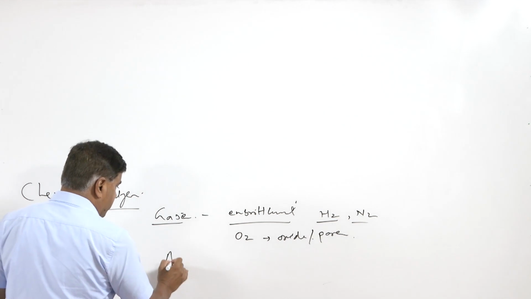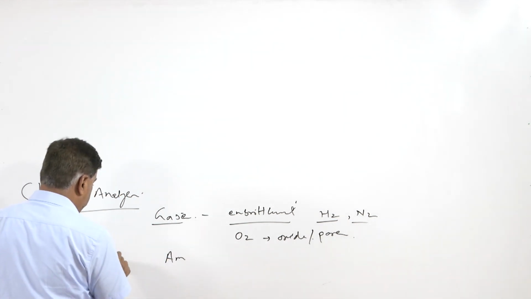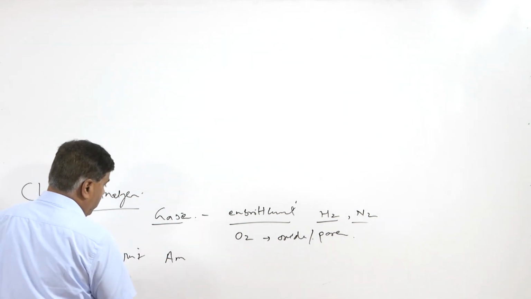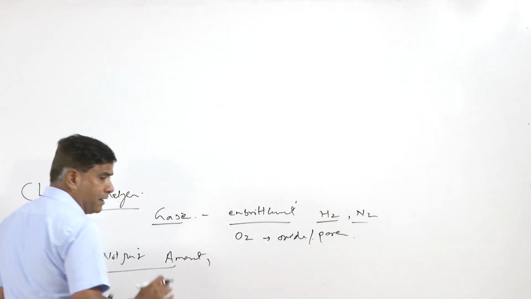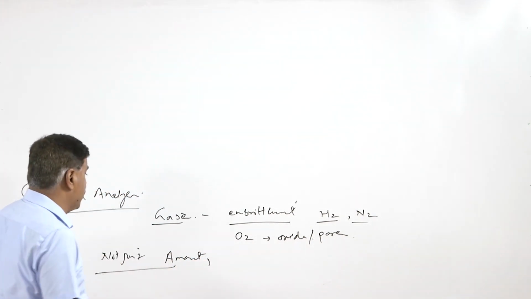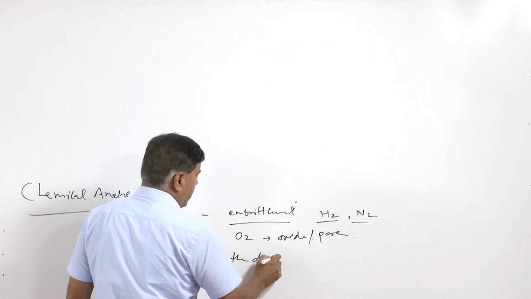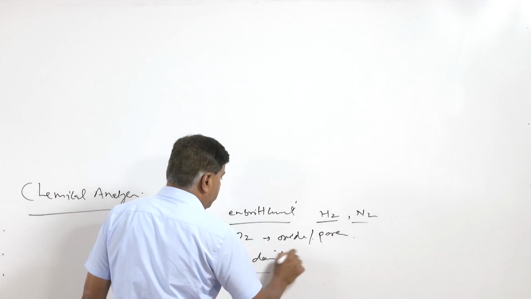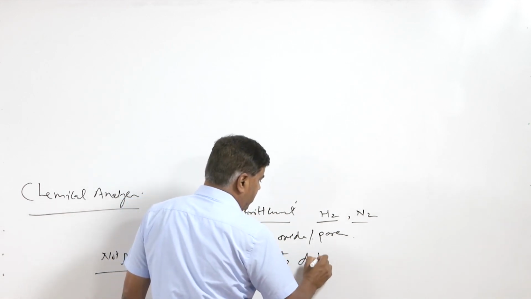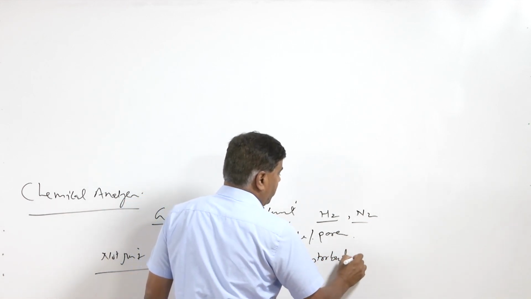Apart from determining the amount of the alloying elements or the elements present in the metal, within limits of variation in amount, the distribution of the alloying element is more important.